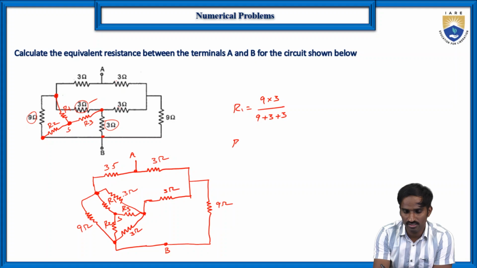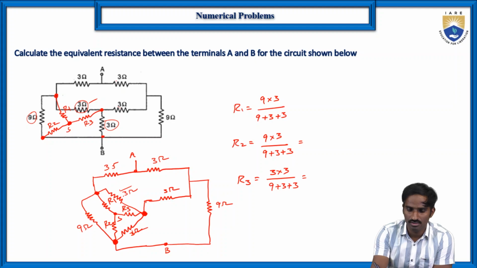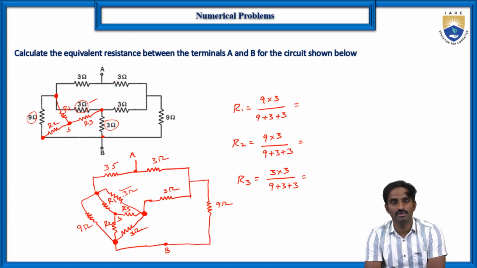Similarly, R2 is connected in between 9 and 3 again, so 9 into 3 by 9 plus 3 plus 3. Similarly R3 is connected to this particular node with 3 ohms and 3 ohms, so 3 into 3 by 9 plus 3 plus 3. So these are the equations to find the values of R1, R2 and R3.